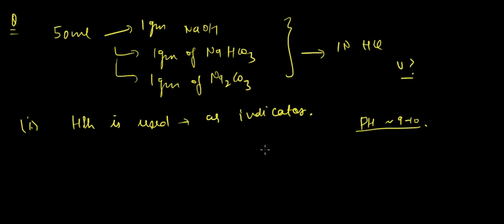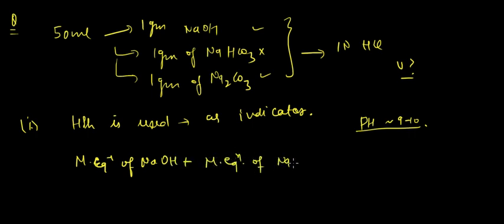So in the first equilibrium point, NaHCO3 won't react with HCl, only NaOH and Na2CO3 will react. So what are the total milliequivalents of NaOH plus milliequivalents of Na2CO3, where the N factor of Na2CO3 would be 1, as Na2CO3 in basic medium would be converting into NaHCO3, hence the N factor of both would be 1.